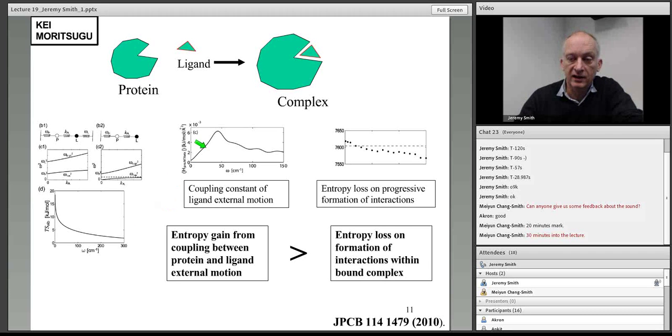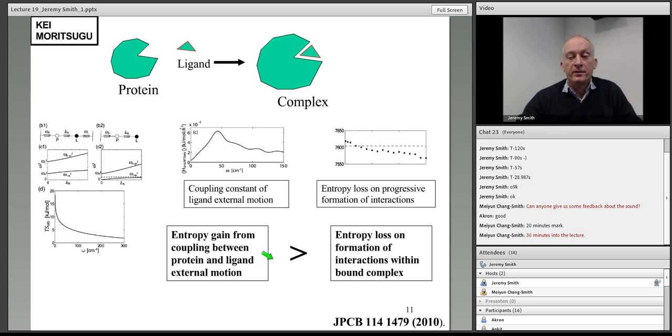This is a calculation of the coupling constant of the ligand external motion from the simulation. And that shows that it's these low frequencies that couple strongly, and that one gains entropy from coupling between the protein and ligand external motion.